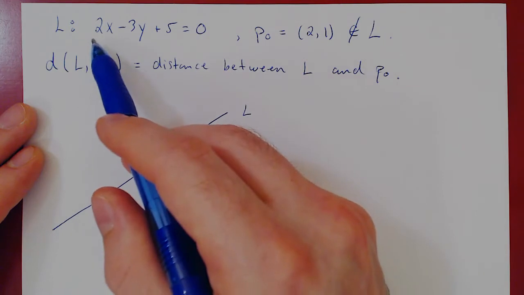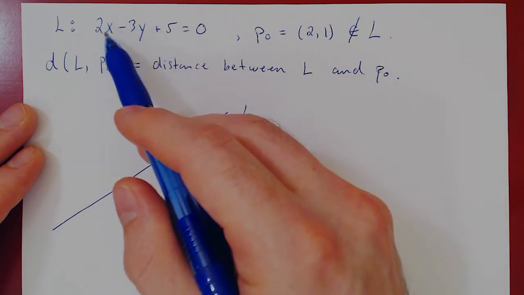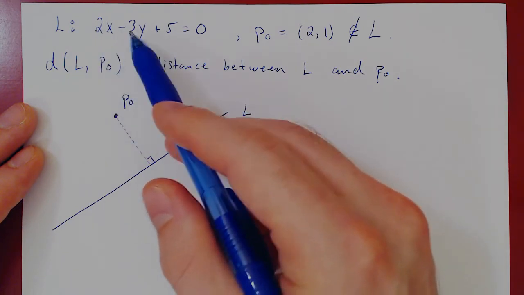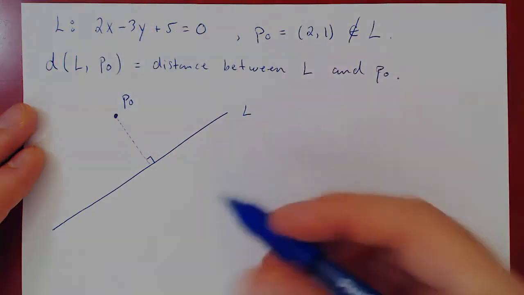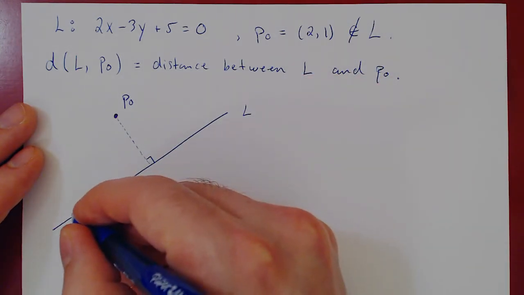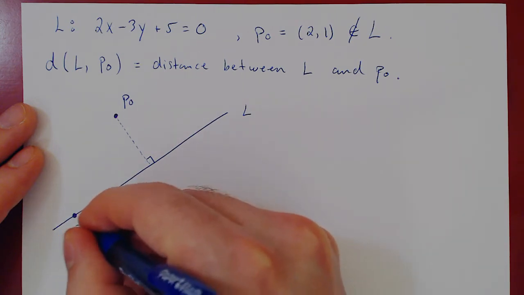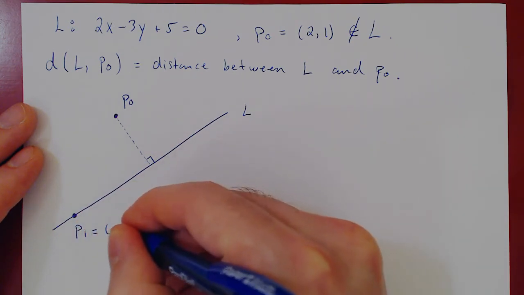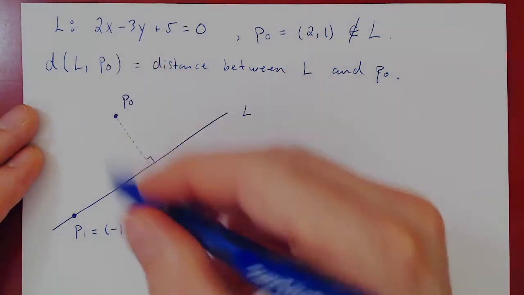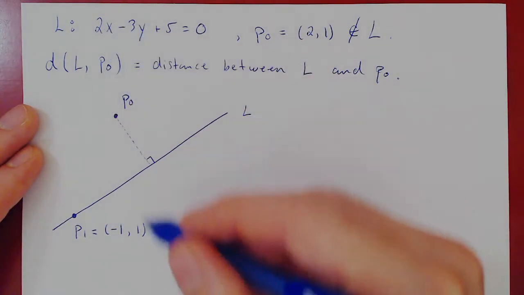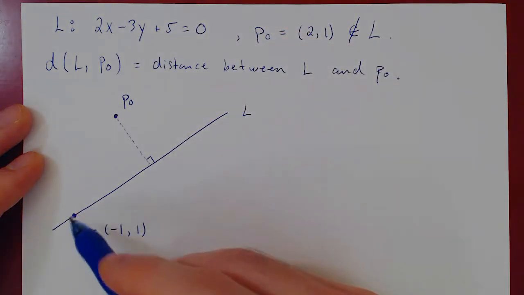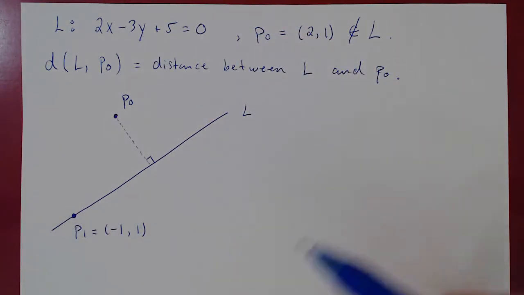Well, by inspection, you could take x to be negative 1, this would be negative 2, and y to be 1, you get negative 2, negative 3, which is negative 5, plus 5 is 0. So you can put this point anywhere on the line. I'll put it here for my generic picture, and I'll call this point P1. And it is my point (negative 1, 1). And again, verify, plug it in: 2 times negative 1, negative 2, negative 3 times 1, negative 3, negative 2, negative 3, negative 5 plus 5 is 0. Check. This point is a point on the line.